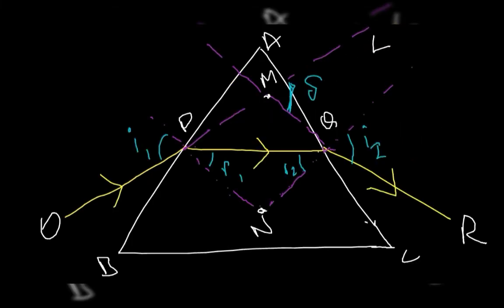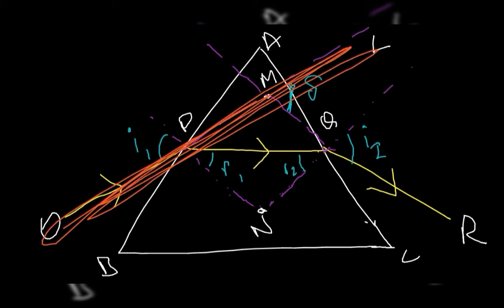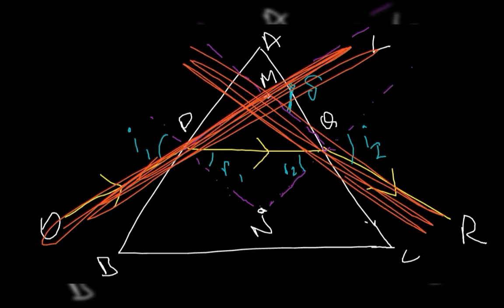What is the angle of deviation? Let me explain briefly. If a light ray is going like this, and after some process the light ray becomes like this, by what angle has it deviated? That is my angle of deviation. Earlier the line should have gone like this, but after refraction the light is going like this.